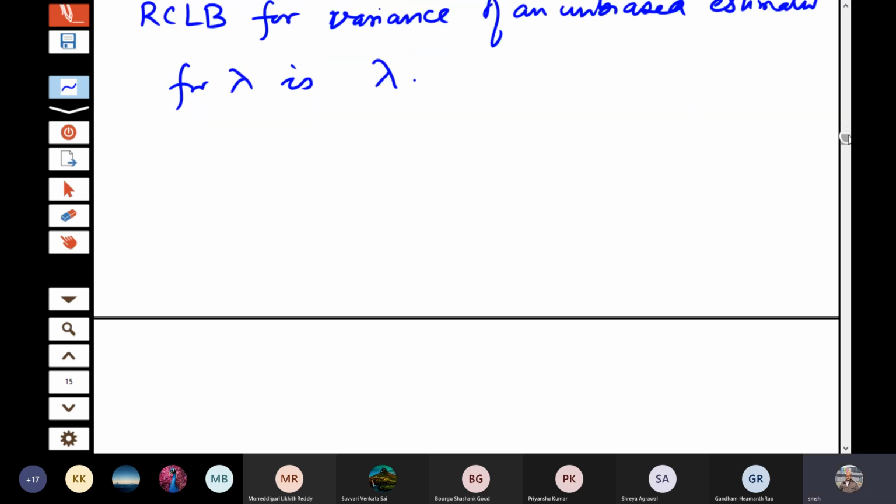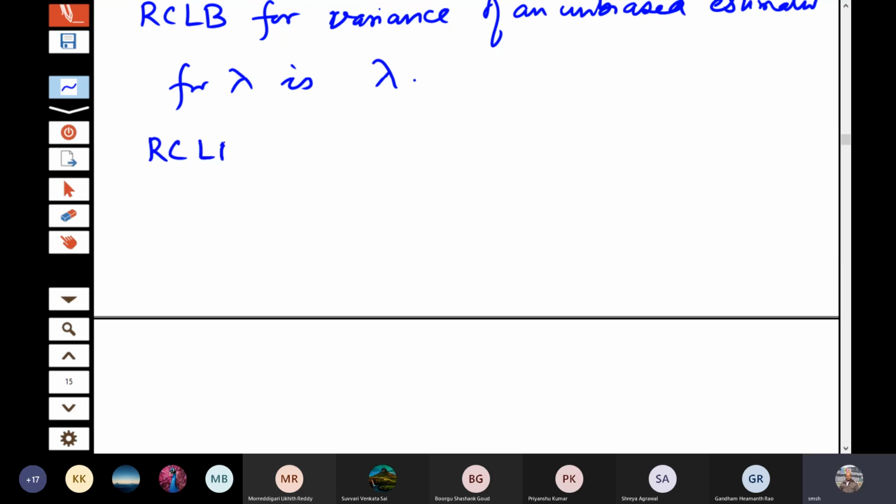So if you apply the formula for a function, it will become g prime lambda squared upon that. So what is g prime? g lambda is e to the power minus lambda. So g prime lambda is minus e to the power minus lambda. So g prime lambda squared will become simply e to the power minus 2 lambda.